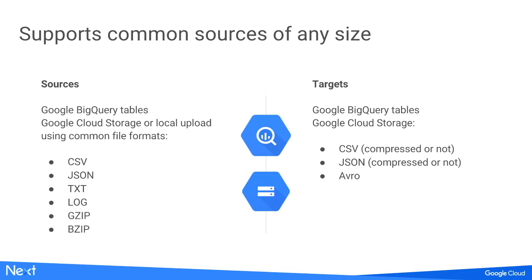So you're probably wondering where this petabyte of transformation just ended up. As with the integration with Dataflow, Data Prep is integrated with BigQuery and Cloud Storage as the obvious storage solutions. You can read BigQuery tables and Cloud Storage files of the expected common types. And then, of course, you can use these same storage systems as targets.